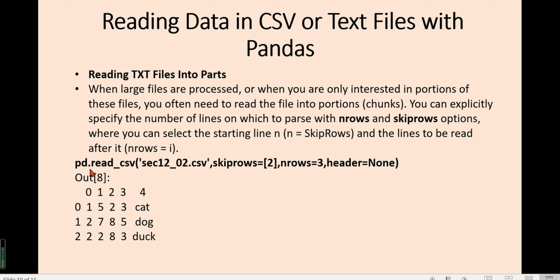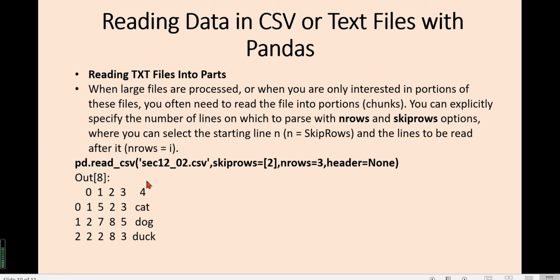So we can write pd.read_csv, then this file name, and assign skiprows in brackets 2, which means the 3rd row. So we start from the 3rd row, and nrows is 3, so we read 3 rows from this row. Header is None.